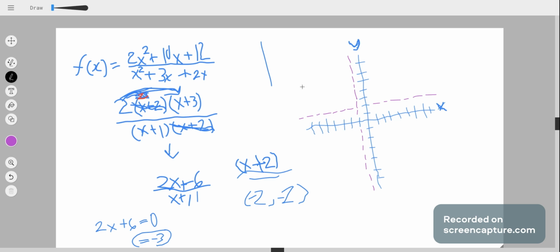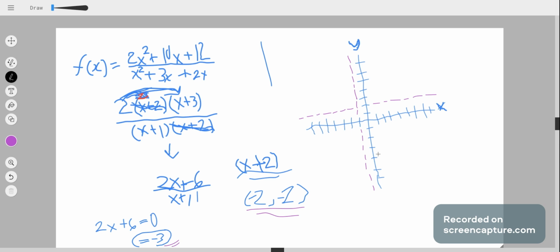I'm sorry, I should be plotting these numbers, these negative 3s and these negative 2, 2s, because these actually go on the graph, but I'm not going to do that just yet. Now that we know where we need to be plotting, our intersection is probably going to be somewhere around negative 3, and then we have to find the other one.